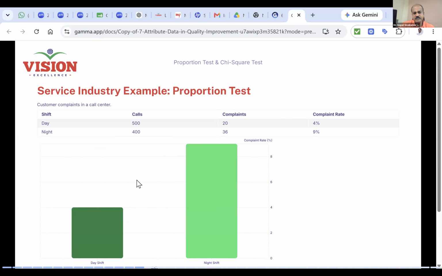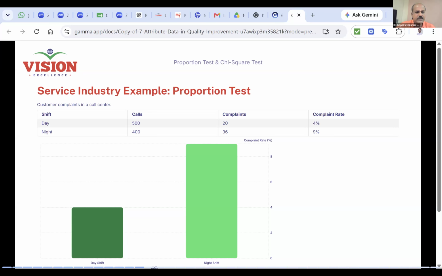Let's assume another case. Now, please look at my screen and you have to tell me. There is a call center. In the daytime or day shift, out of 500 calls, 20 complaints were received. And in the same call center during the night shift, out of 400 calls, 36 complaints were received. Now you are the call center manager.